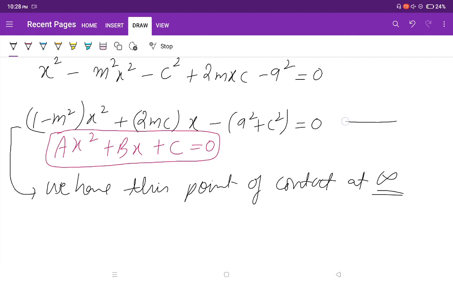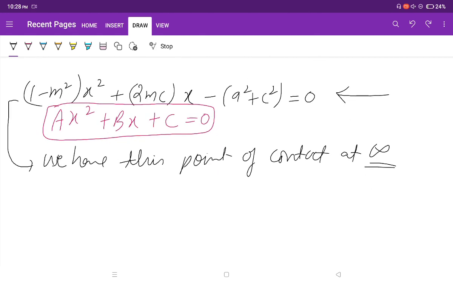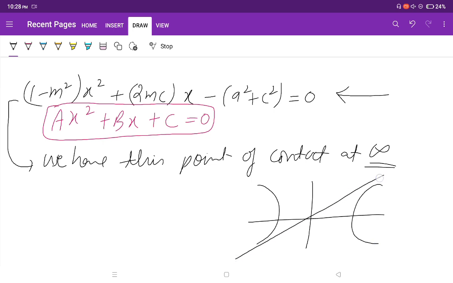For this equation we have x coordinate and y coordinate both approaching infinity, right? Suppose this is the hyperbola and this is the asymptote. So this asymptote will touch the curve at infinity, right?